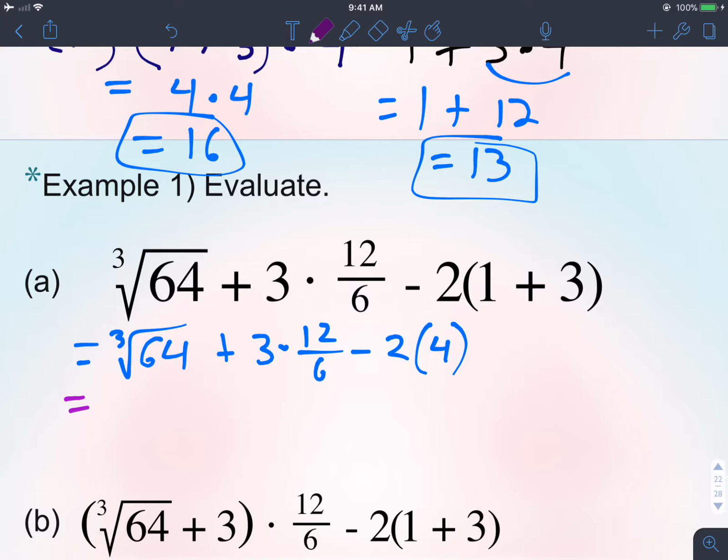Next, what would you like to do? All right, yeah. It's a tricky one now, the cube root of 64. Think about it. What number multiplied 3 times will give you 64?